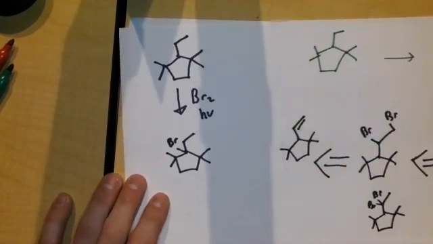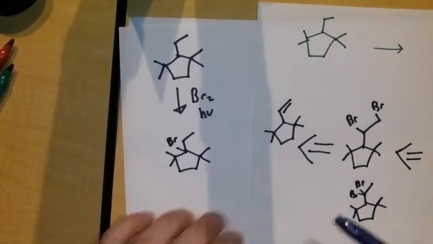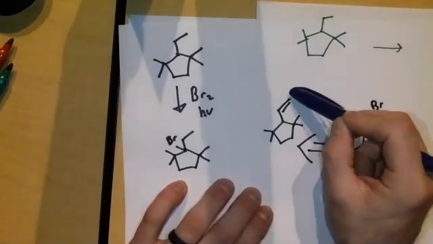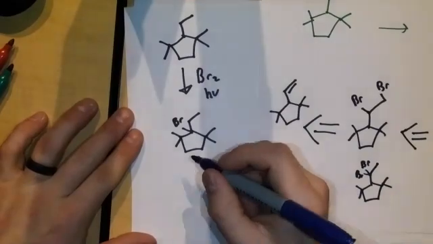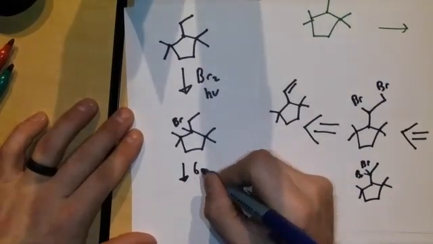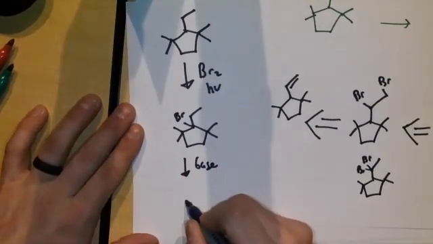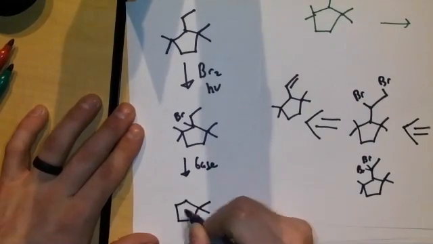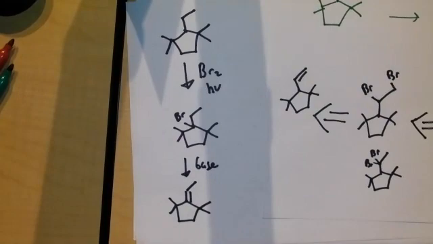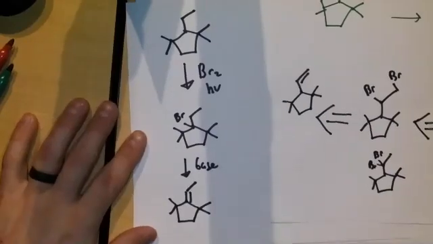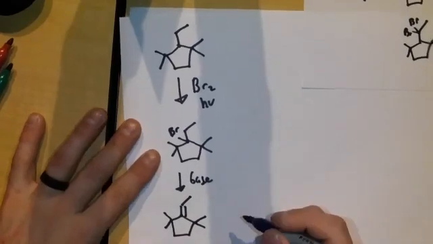So if I go back to this little synthetic diagram we had, we want to make this. So if I throw in a base, I'm going to get kind of close to that. I've got a double bond. It's just in the wrong spot. For shifting double bonds, the easy way to do this is going to be through a peroxide pathway.